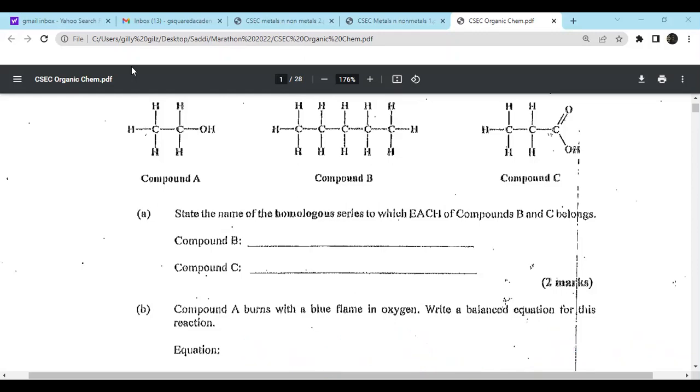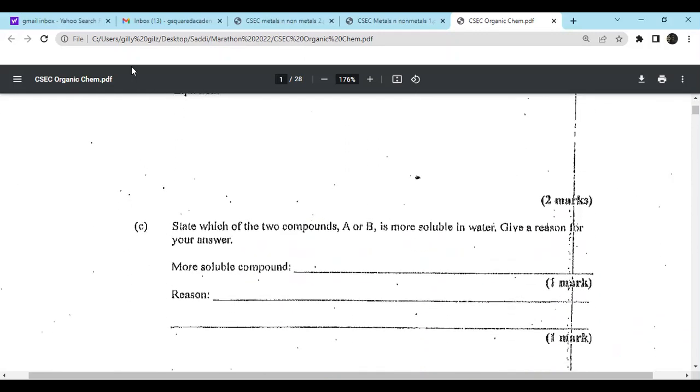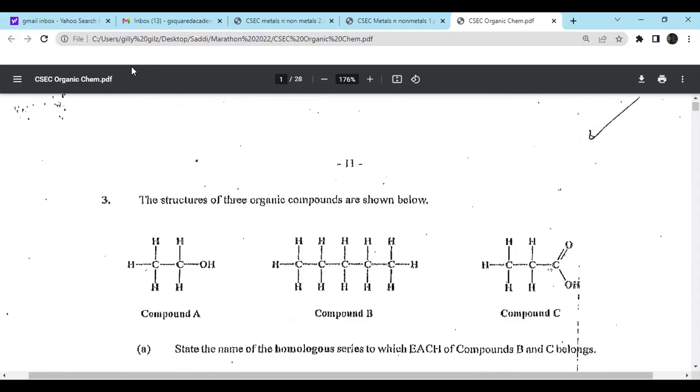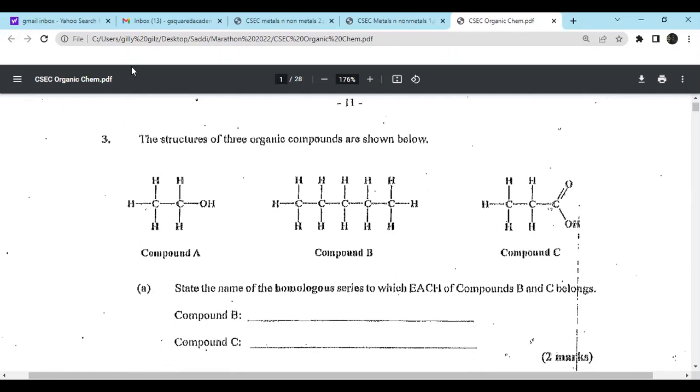Then now we proceed. It says, no, we did that. State which of the two compounds, A or B, is more soluble in water. Give a reason for your answer. So A contains the OH group, which makes it slightly polar. Because it is slightly polar, it will dissolve in water to some extent because water is polar and the rule for solubility is like dissolves like. If the substance is polar, it will dissolve other polar substances.